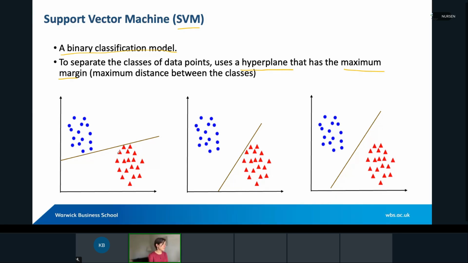So as you see here, let's say this is fraud, and this is not fraud. Same data points. Which one do you think is the best separation? This is the first one, let's say second one, and third one.